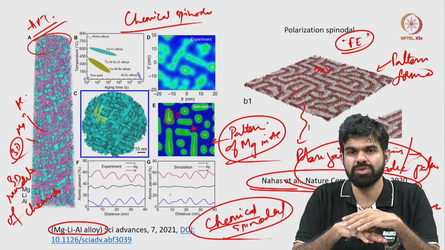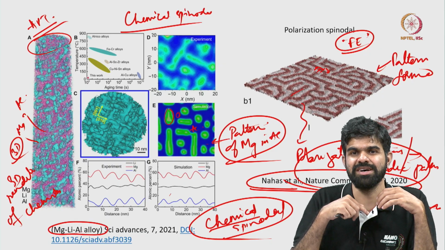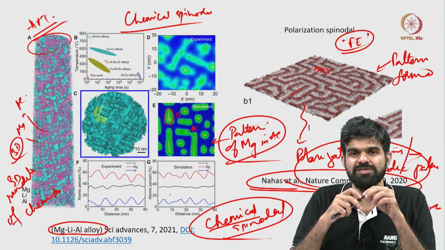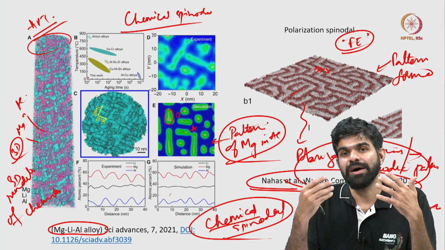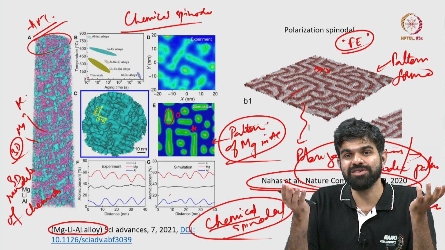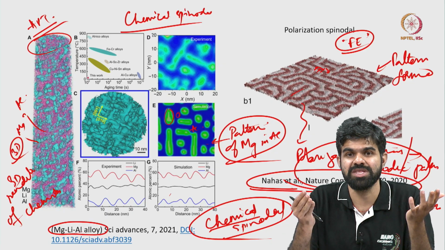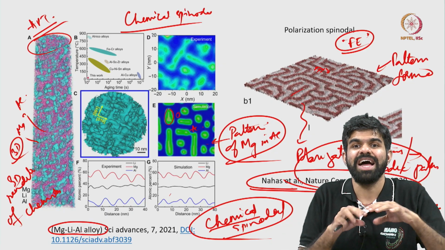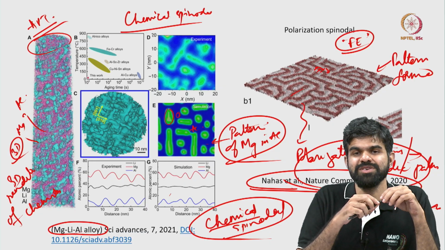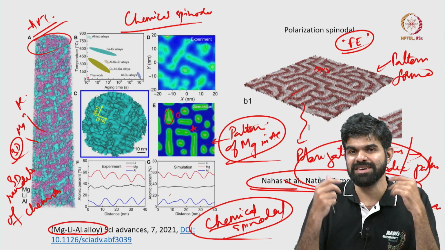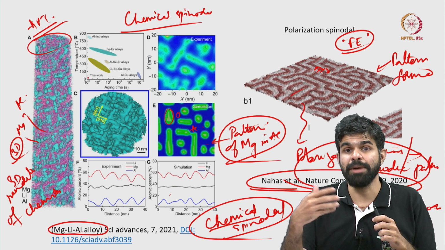It's called looking at skyrmions, vortices, polarization vortices, magnetization vortices, and so on and so forth. All these things can be envisioned under the purview of some kind of spinodal decomposition. There is a spinodal decomposition happening, and then I get this pattern formation, and these patterns are interesting from a physics point of view and a device perspective, to store memory, for example.